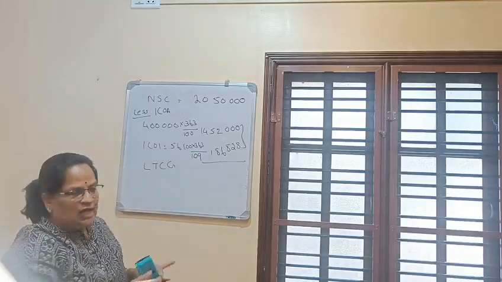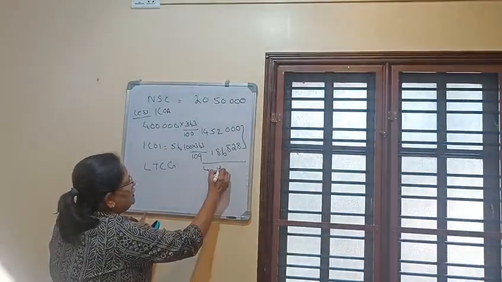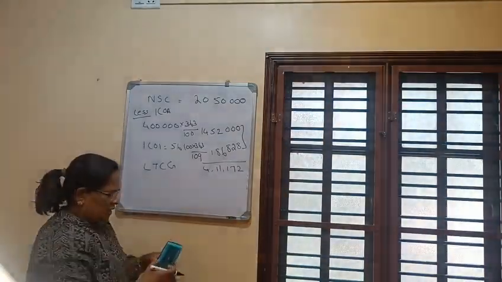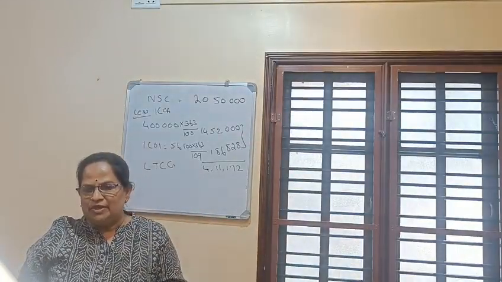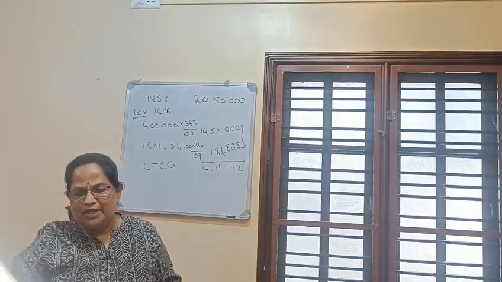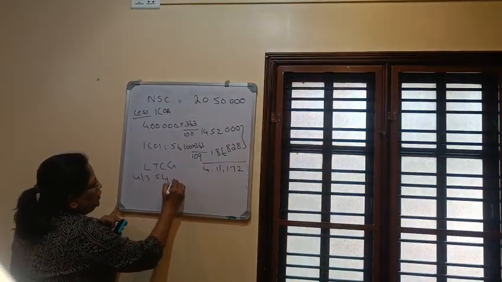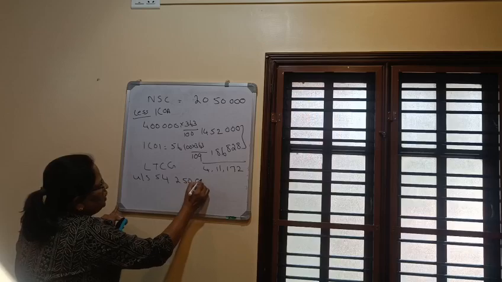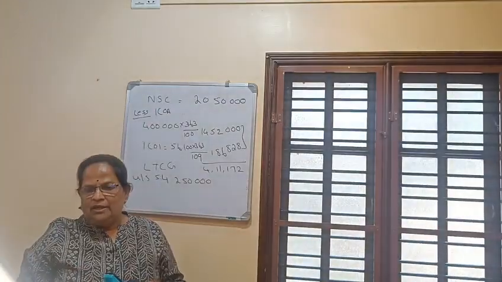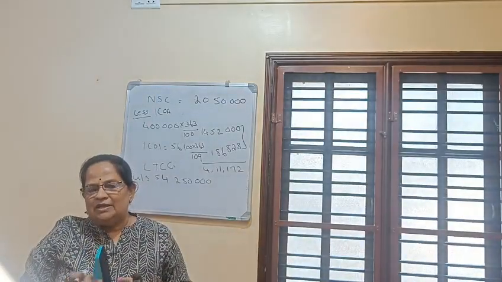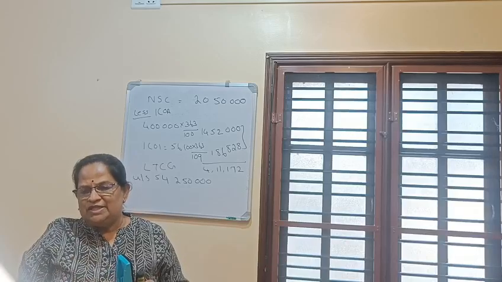LTCG value is 4,11,172. Now he is eligible for exemption because he has invested in new house property. So that is under section 54, new house property he has invested 2,50,000. Then he has invested in National Highways Authority of India within 6 months.